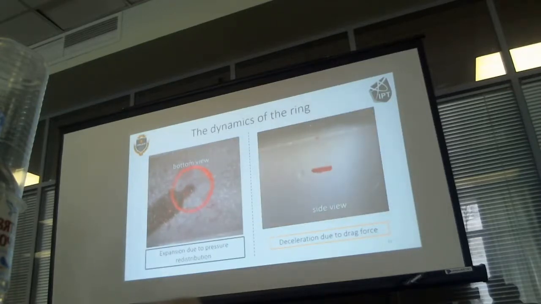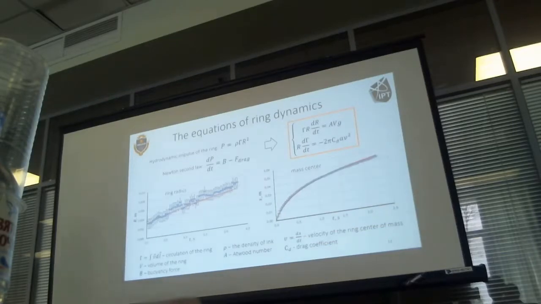After its formation, the vortex ring expands due to the pressure distribution and decelerates because of the drag force. We can use the concept of hydrodynamic impulse of the ring to investigate quantitatively the motion of the ring.